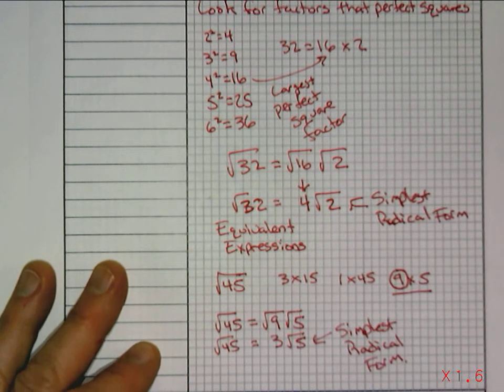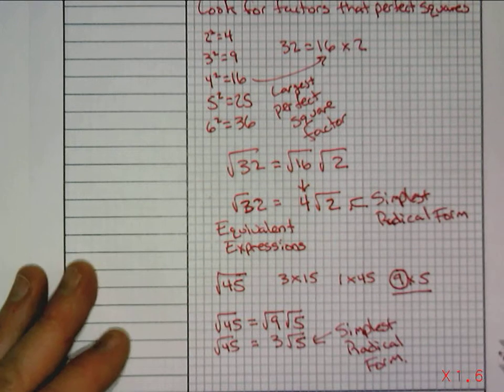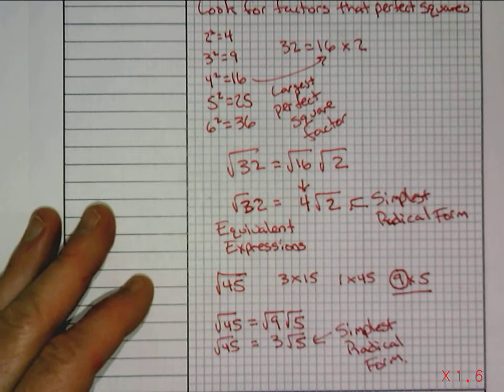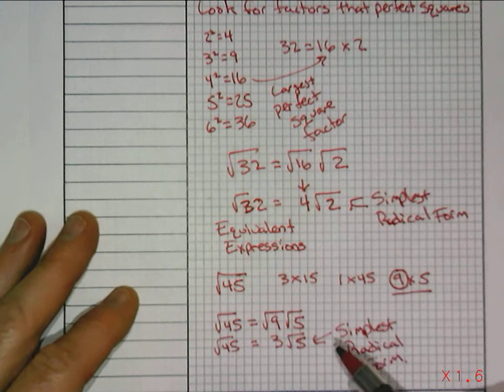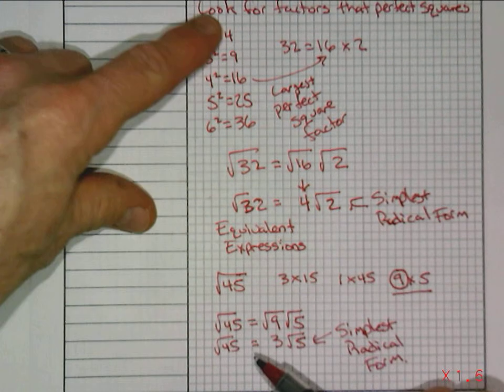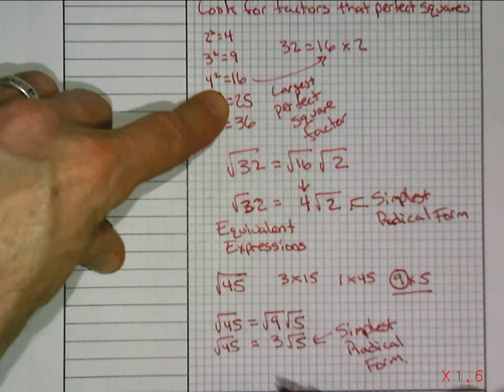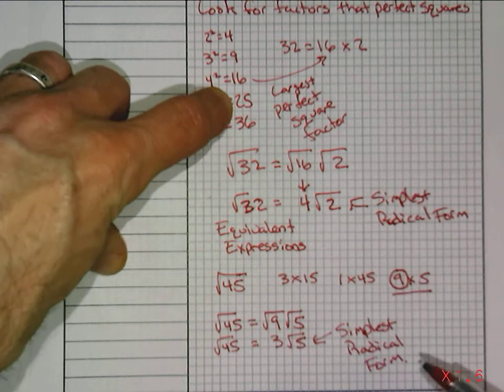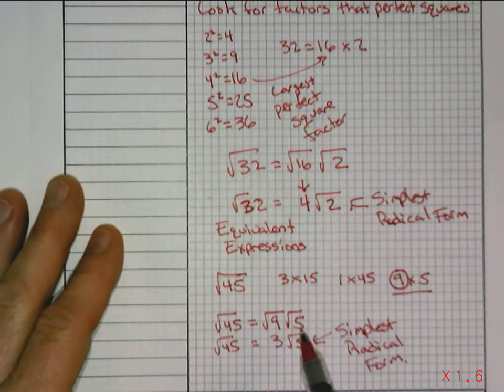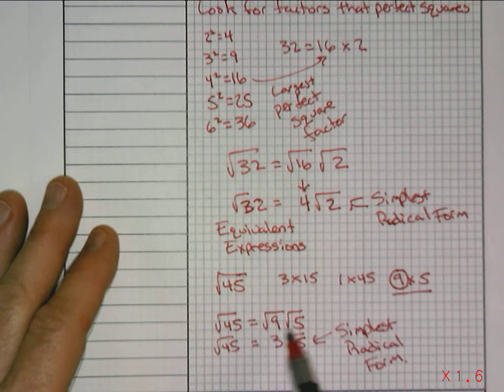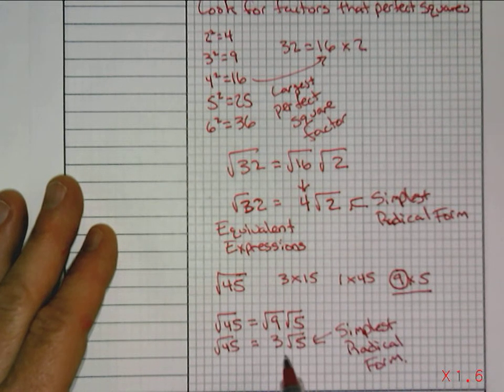So really, ideally, when you're trying to simplify things, you want to look for factors that are perfect square numbers and actually literally factor the number into those factors and then solve the part that is solvable, the perfect squares, square roots, and then you'll have them in simplest radical form. And what this does is this gives us actually a length.